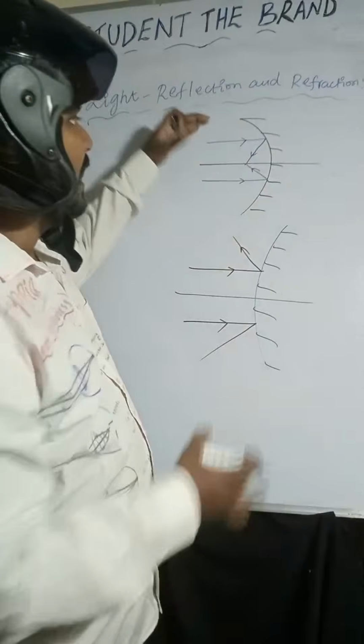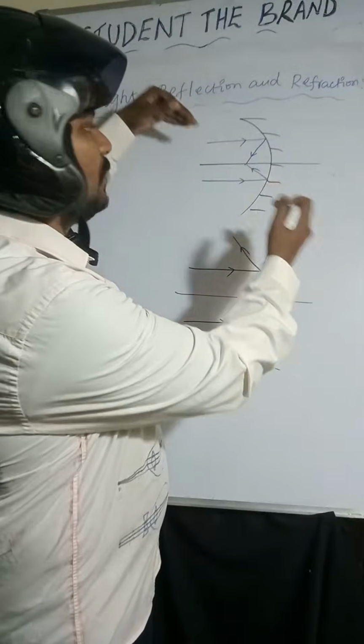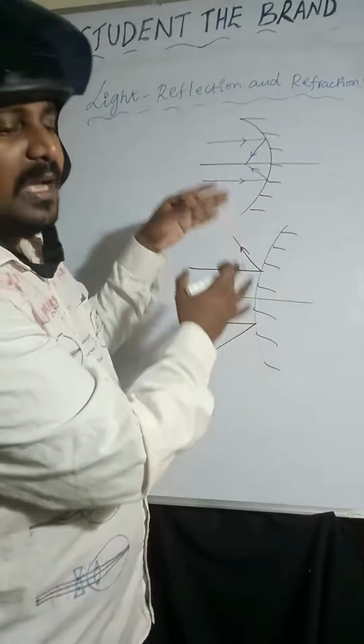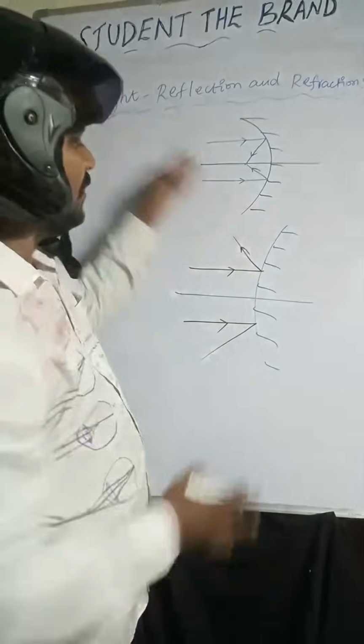In the concave mirror, after reflection, light rays move towards the principal axis, but here, after reflection, light rays move away from the principal axis.